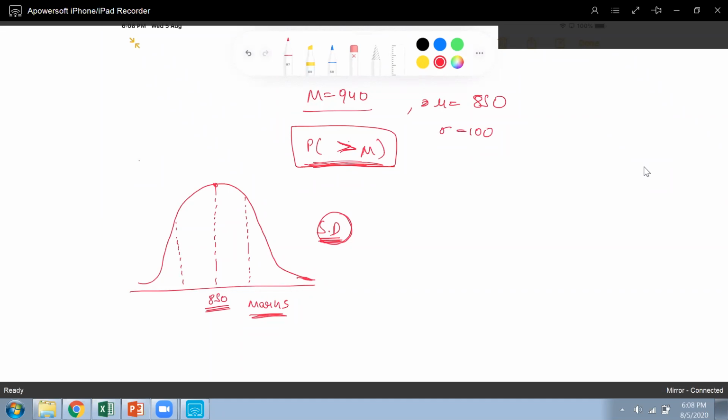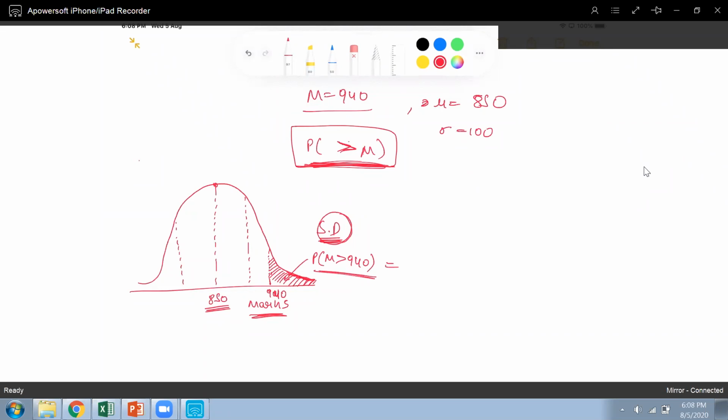Can you tell me how we will find this probability? This is 940, and I need to find this probability. This area represents the probability of marks being greater than 940.